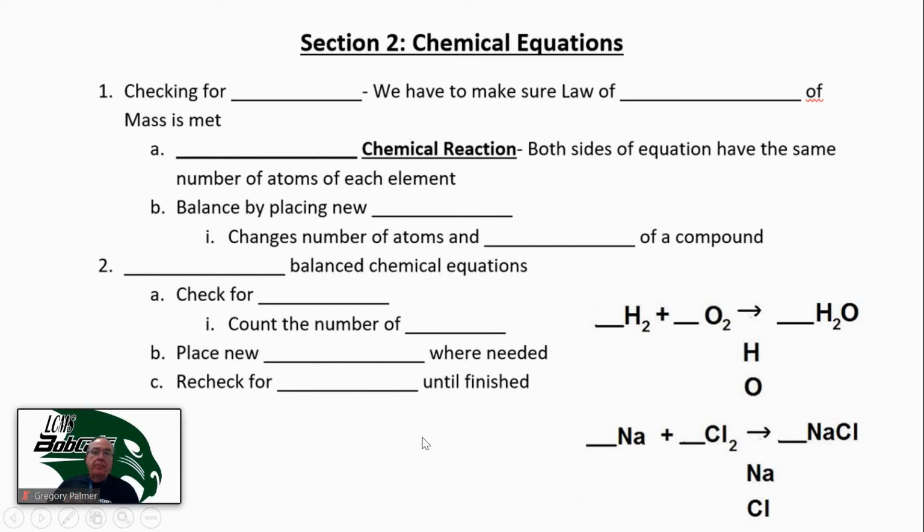Welcome back. So we learned so far that the law of conservation of mass says that during a chemical reaction, the atoms are not destroyed and new atoms aren't being made. So this kind of makes sense.